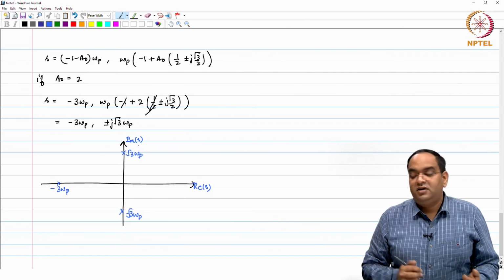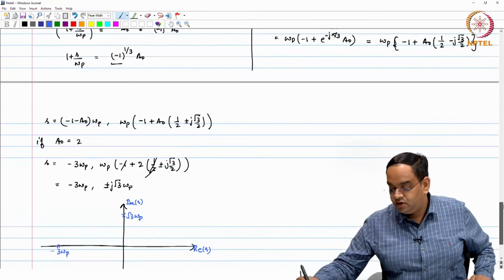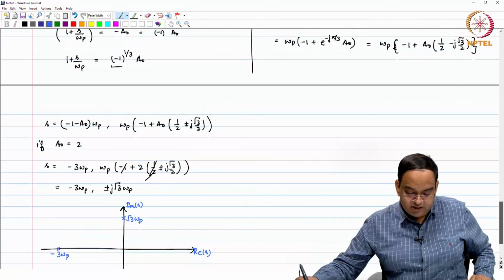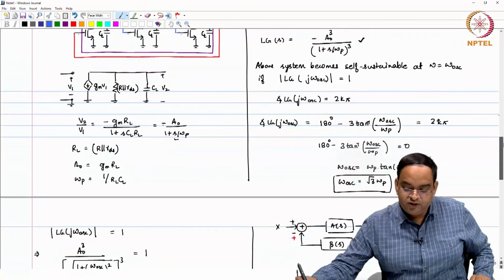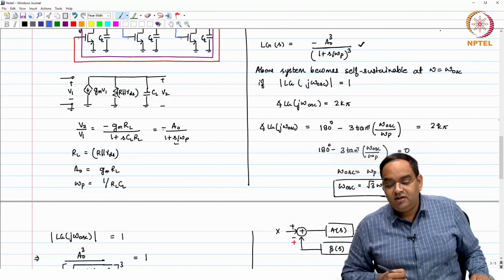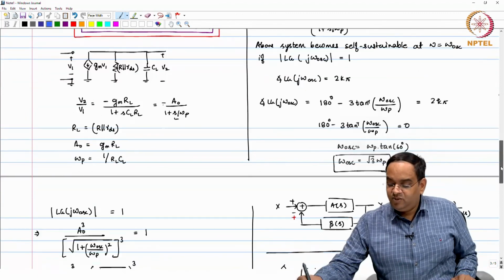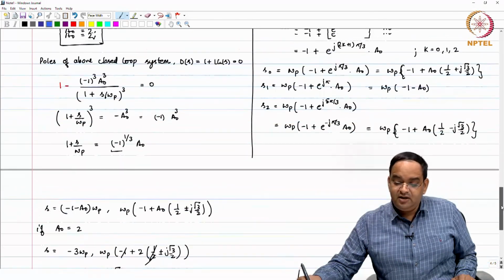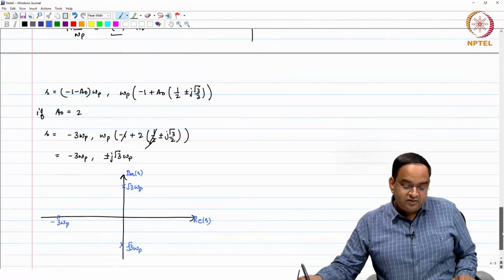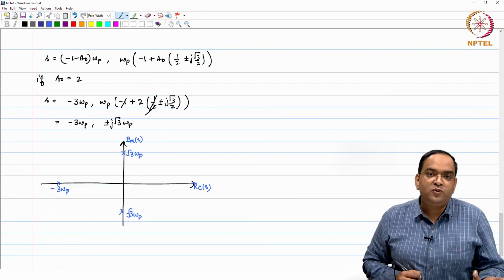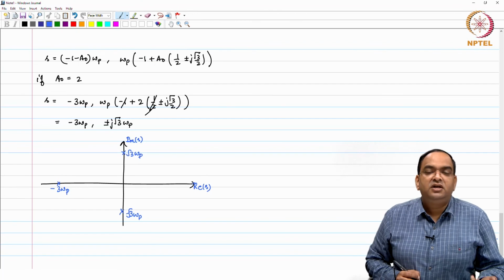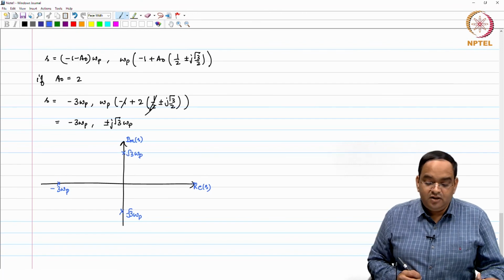Okay. So, what we analyzed with the help of the loop gain and the phase is revealed by the closed loop analysis, by the closed loop poles.